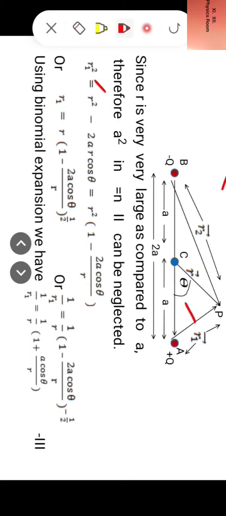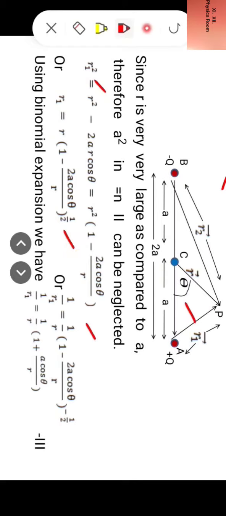After neglecting A square, we are left with R1 square is equal to R square minus 2AR cos theta, or it is equal to R square into 1 minus 2A cos theta by R, bracket closed, or R1 is equal to R into 1 minus 2A cos theta divided by R whole power half.